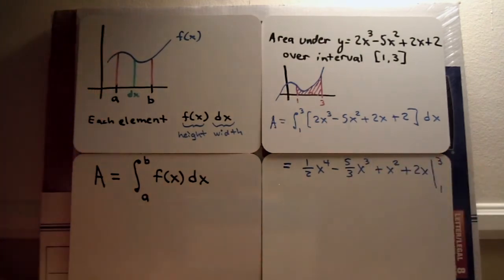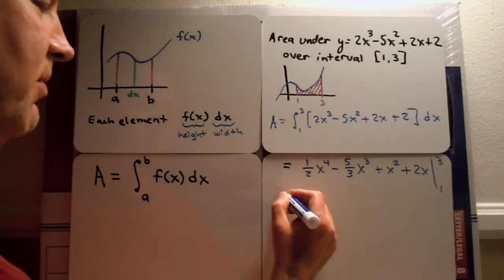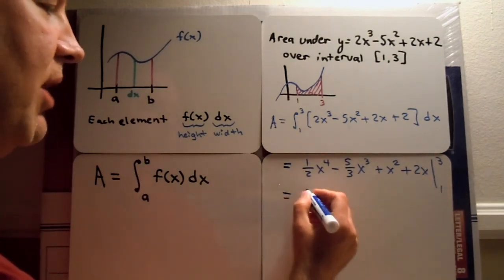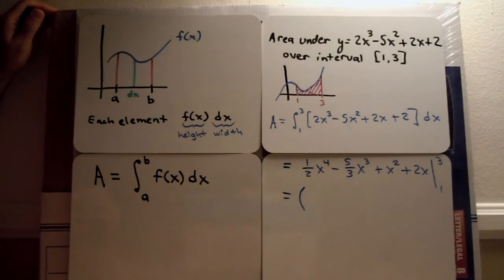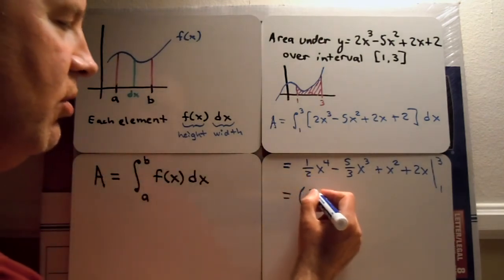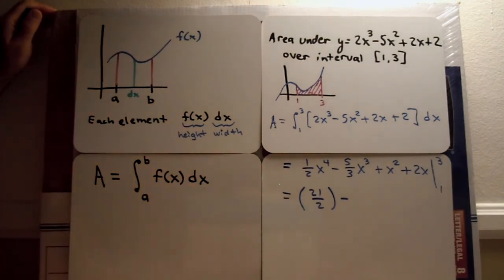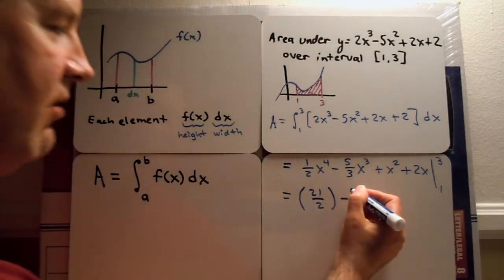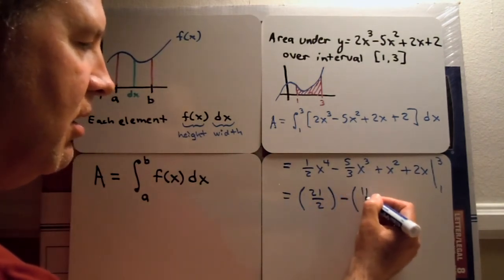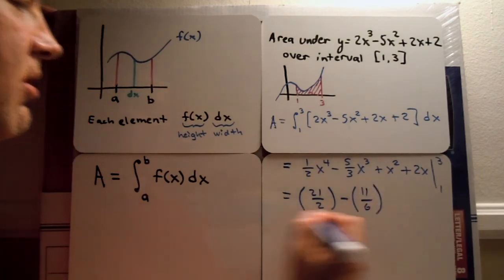And again, when you do a definite integral, you do not need the plus c. So, were we to evaluate and simplify, the value at 3 would give you 21 over 2. And then you would subtract the value at 1, which in this case, if simplified, would be 11 over 6.